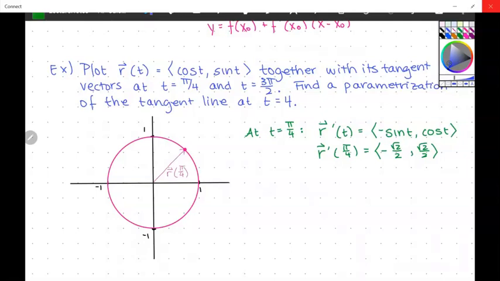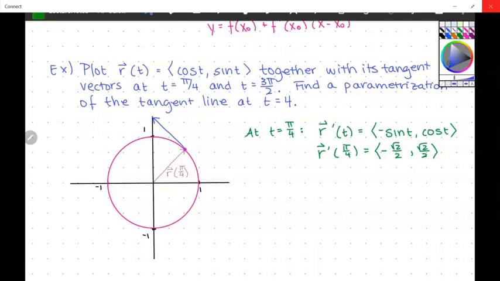That would put us pretty much on the axis. We go the same up. And sure enough, it looks tangent.